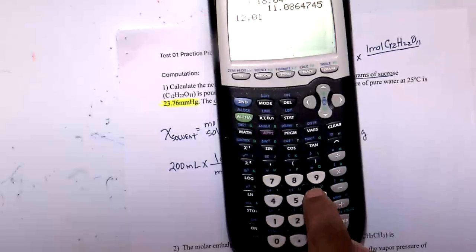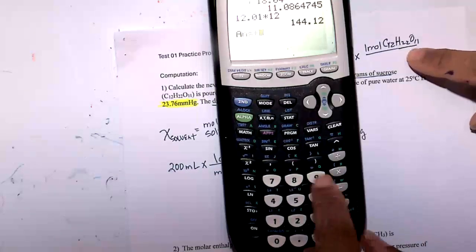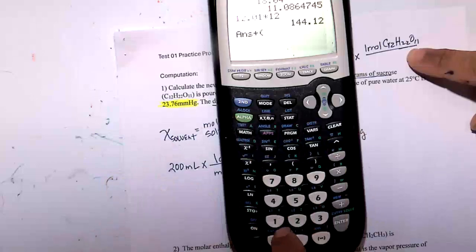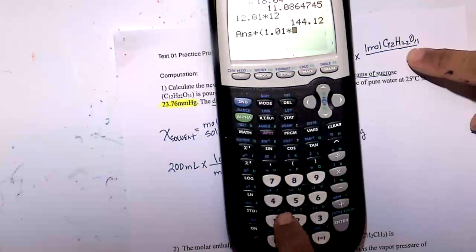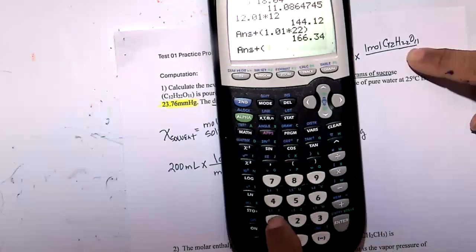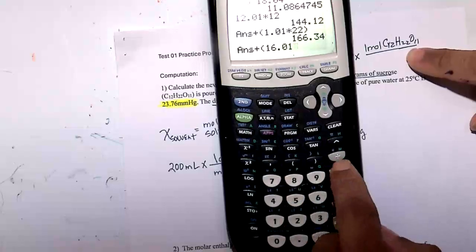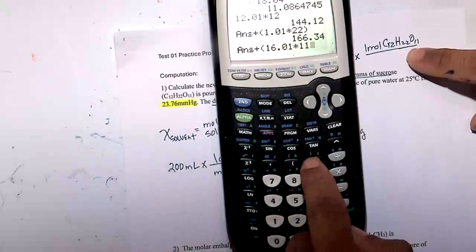Okay, so carbon is how much? 12.01, but we have 12 units. Plus, how much is hydrogen? About 1.01, we have 22 units. Plus oxygen, how much is oxygen? 16.01, and we got 11 oxygen atoms.